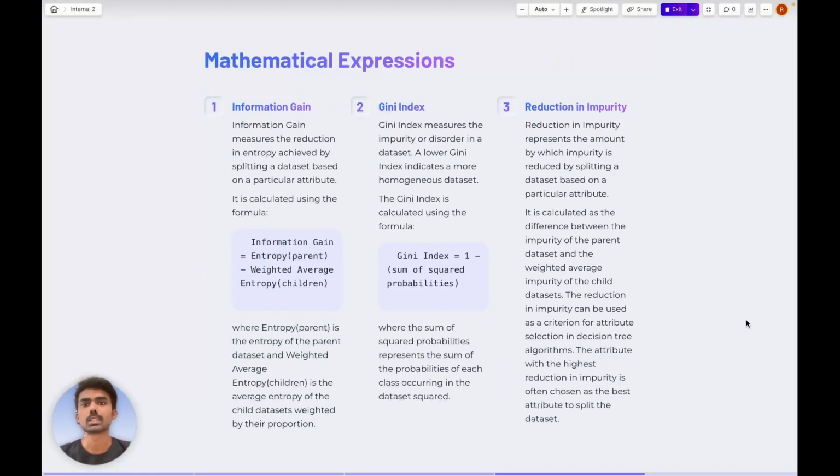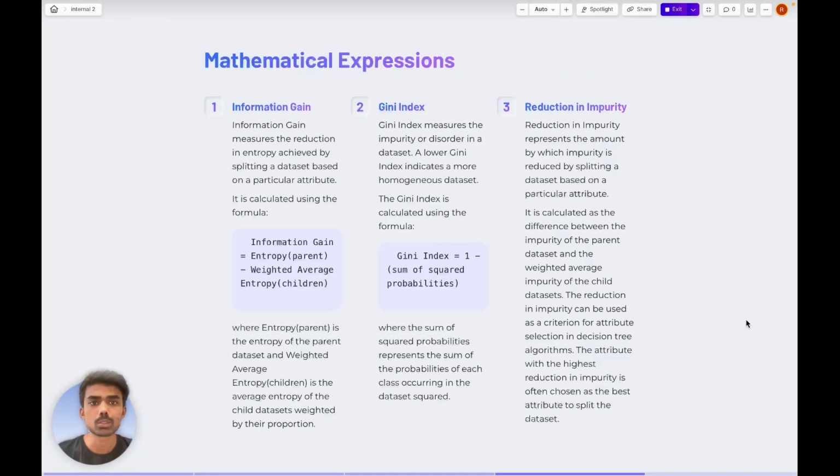Our next topic is, what are the mathematical expressions for information gain, Gini index, and the reduction in impurity. So information gain is minus P1 log base 2 P1 minus P2 log base 2 P2. And for Gini index, we subtract from 1 the sum of all the squared probabilities.